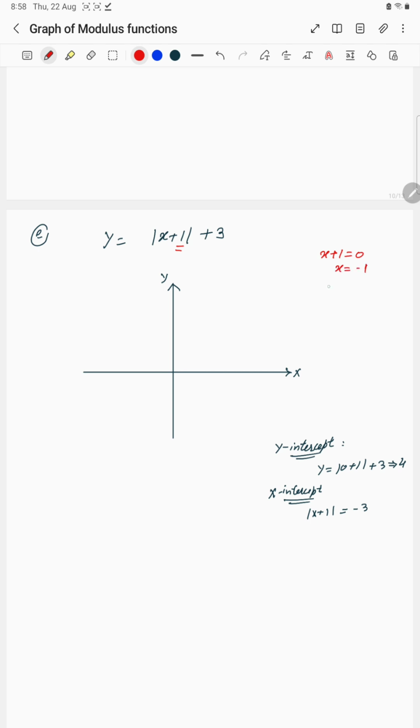This is horizontal translation, and vertical translation we did in transformation. If you're not getting it, see my video on transformations for AS. So this 3 means y equals 3, positive y-axis.